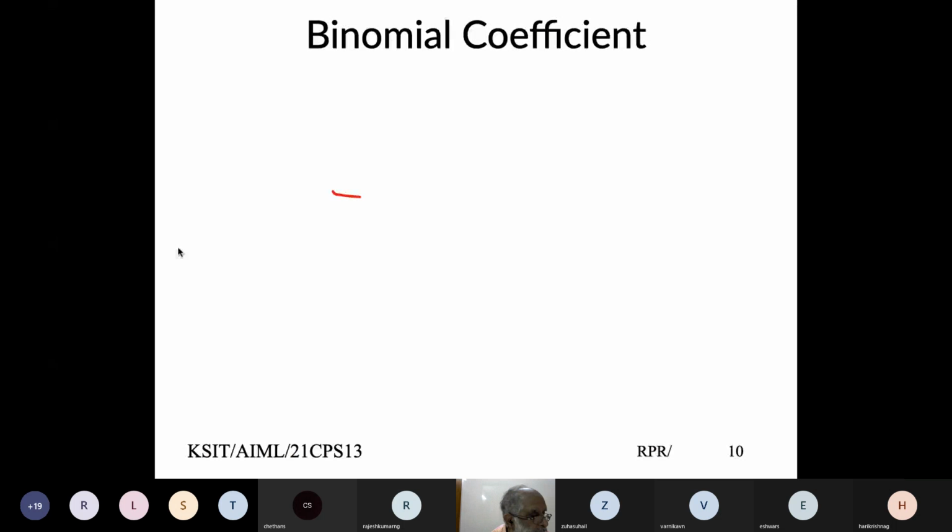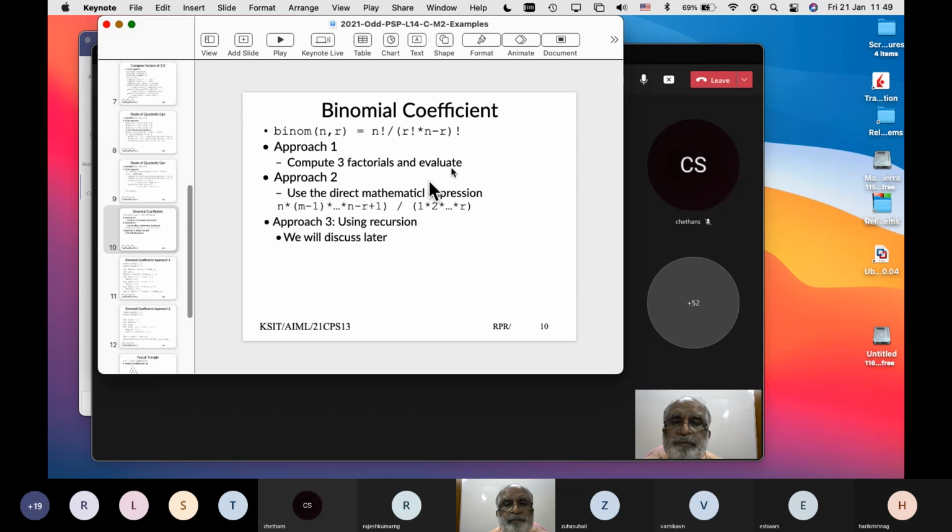The next example is computing the binomial coefficient. You know, the binomial coefficient is defined by nCr, which is factorial n divided by factorial r into factorial n minus r. Sorry, there's an error in this notation, so I need to correct that.